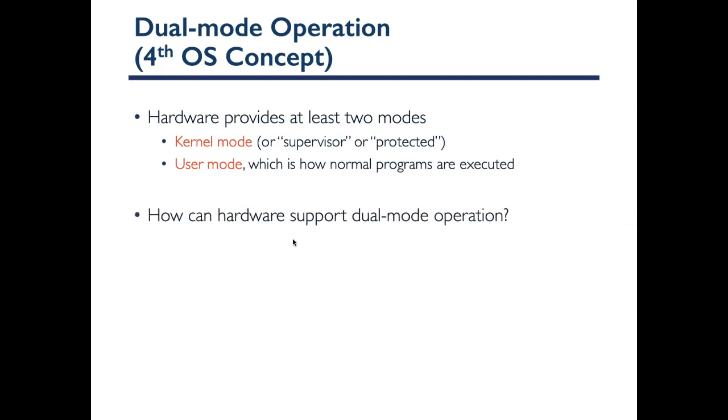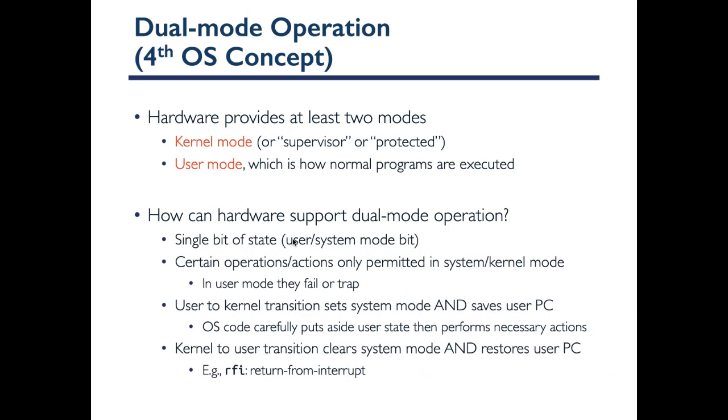So what exactly should hardware provide to support dual mode operation? Well, simply you need a single bit somewhere that the operating system has to set, if you only want dual mode. If the bit is set to, let's say, 1, it means it's kernel code, so it has privilege and can run anything. If it is set to 0, then it probably means it's user code, for example, so it has restricted execution access.